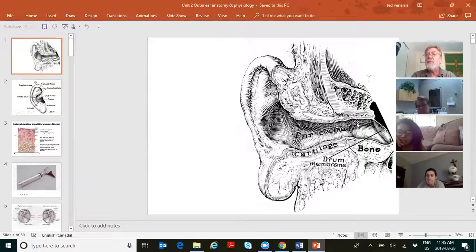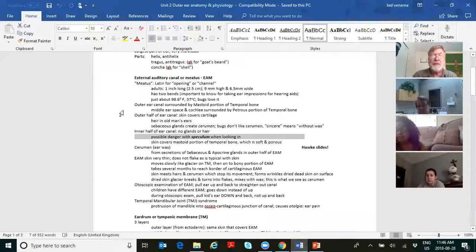It's also very important, you will be learning to brace against the head with your finger when you're looking in, to make sure that you can't push the otoscope too far in. But you'll learn that later on. Okay, the inner half of your ear canal contains no glands or hair. Okay, as we said, possible danger with a speculum when looking in.